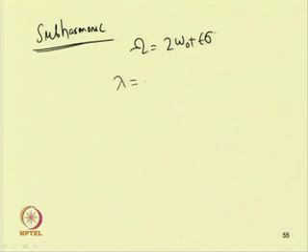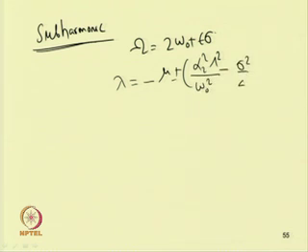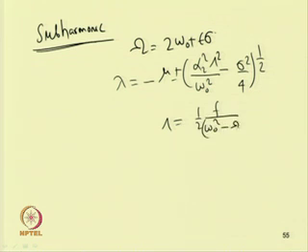So, this will be minus mu plus minus alpha 2 square lambda square by omega 0 square minus sigma square by 4 to the power half. So, here lambda equal to half f by omega 0 square minus omega square. Here omega is the external frequency, omega 0 is the natural frequency of the system, and f is the amplitude of the external excitation.